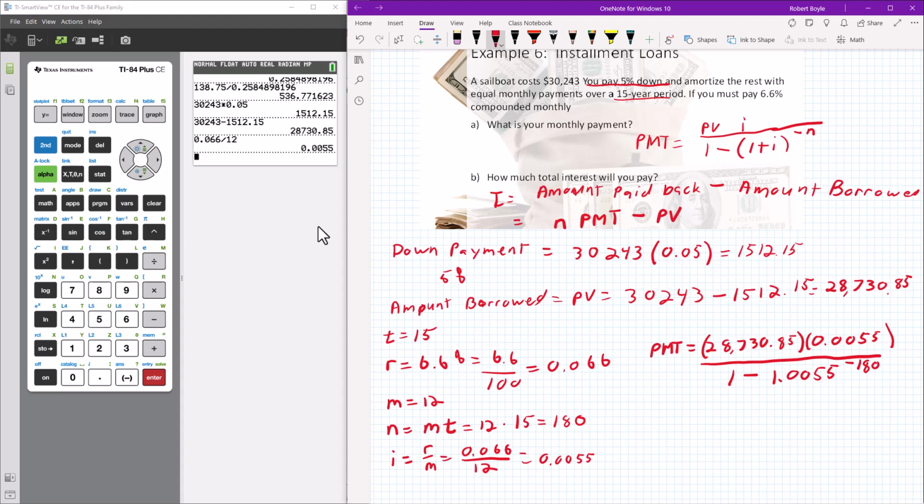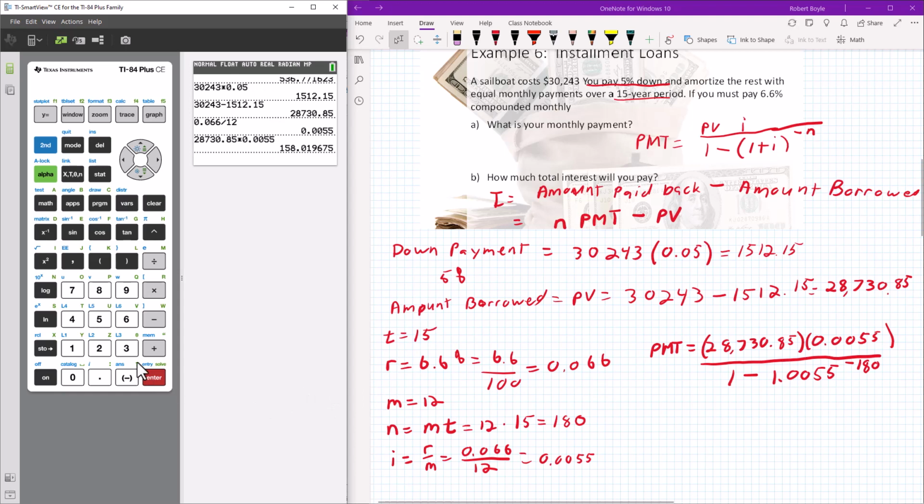So we just need to figure this out in our calculator. We're going to do this the exact same way we've done all the other ones. We're going to compute the numerator and then compute the denominator. So for the numerator, we have 28730.85 times 0.005. That is our numerator.